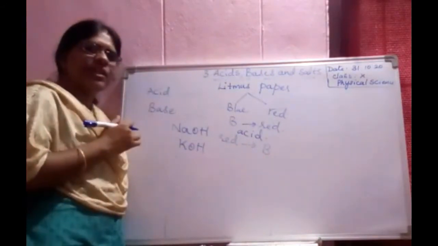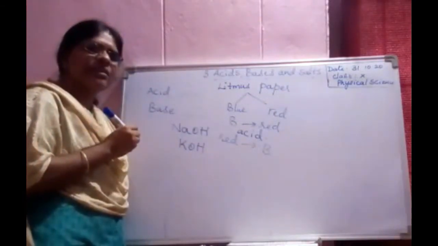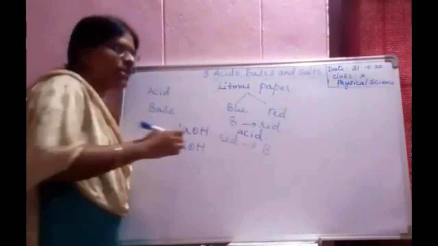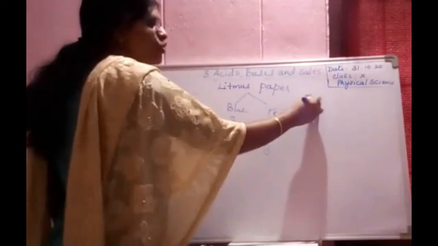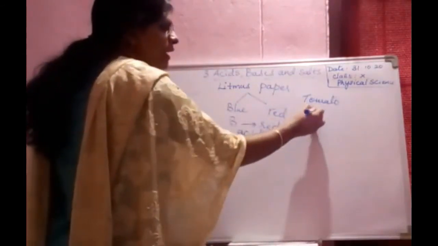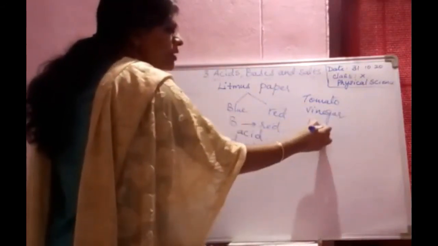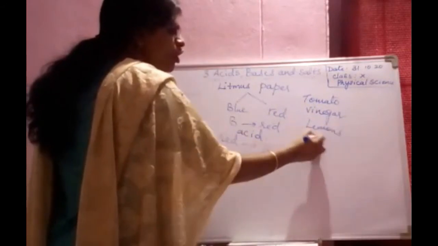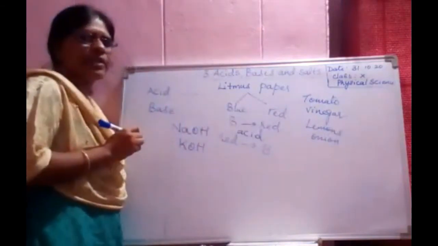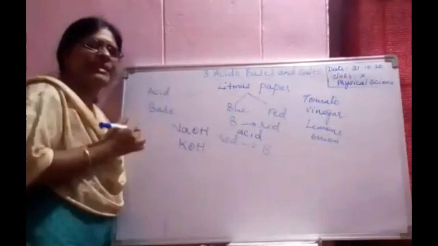Today, find out in your home so many things. How many are acids and how many are bases? Like tomatoes, vinegar, lemons, onion. Find all this out and tell me, are there any acids or bases?